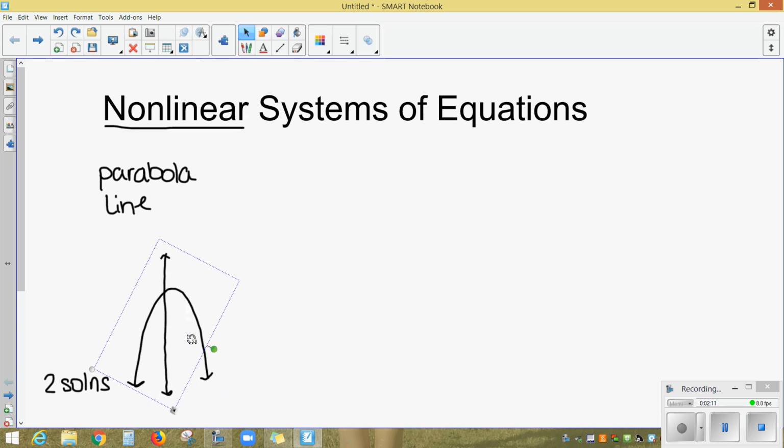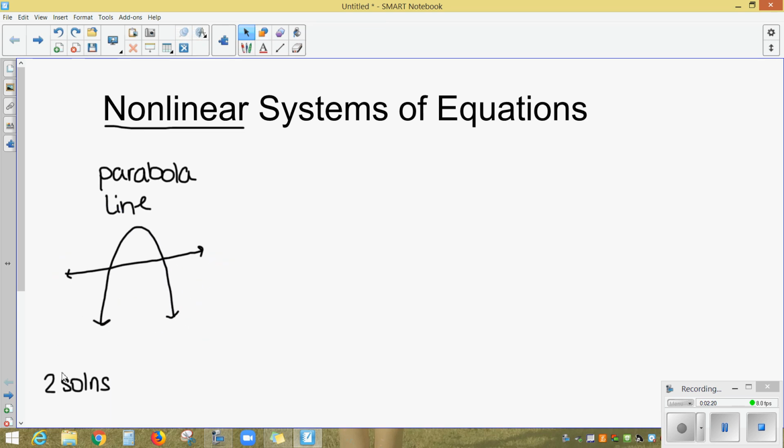Okay, we're back to one solution. Even if I slid it over here, there would still be one solution. Let me move those guys out of the way. Our options are two solutions, one solution, or no solutions.